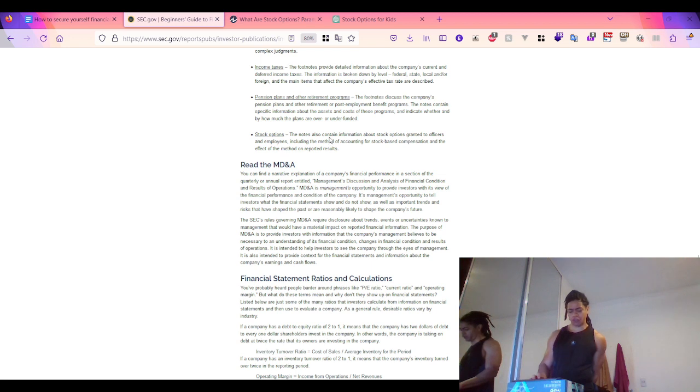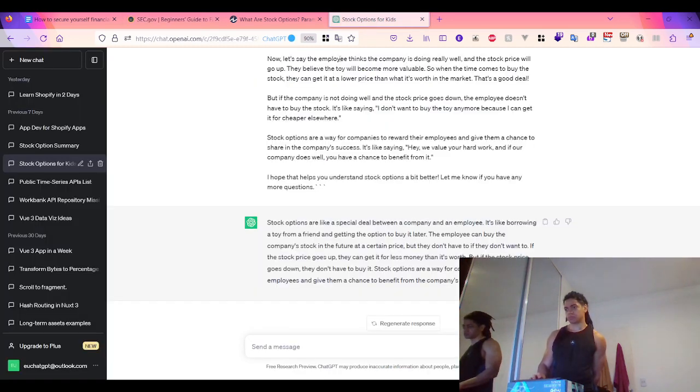So can you describe that? The stock option is an agreement. Yeah, it's a special deal between the company and the employee, where it provides the option to the employee to buy the company stock at an agreed upon price and date, but not the obligation.